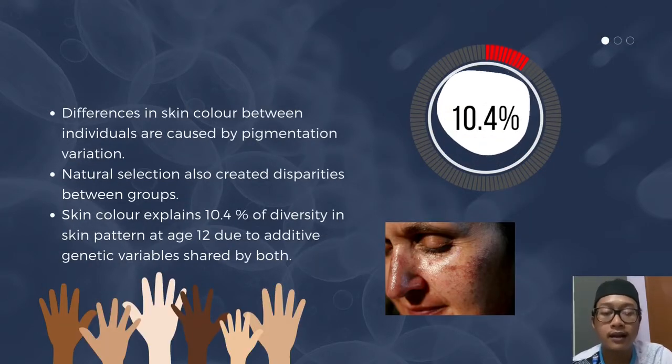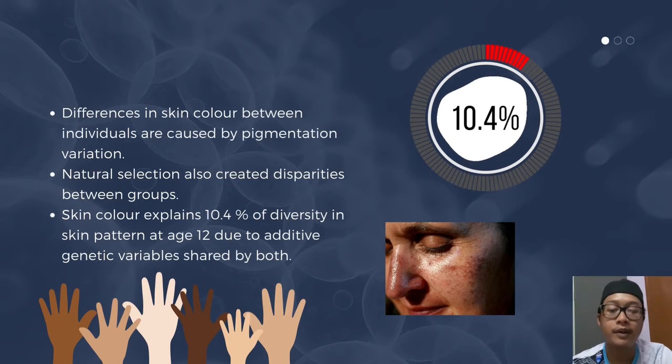Differences in skin color between individuals are caused by pigmentation variation, which is a product of genetics, sun exposure, or both. Natural selection also created disparities between groups as a result of environmental variance. There are differences across groups, and these differences impact the biochemical implications of ultraviolet radiation reaching the skin.